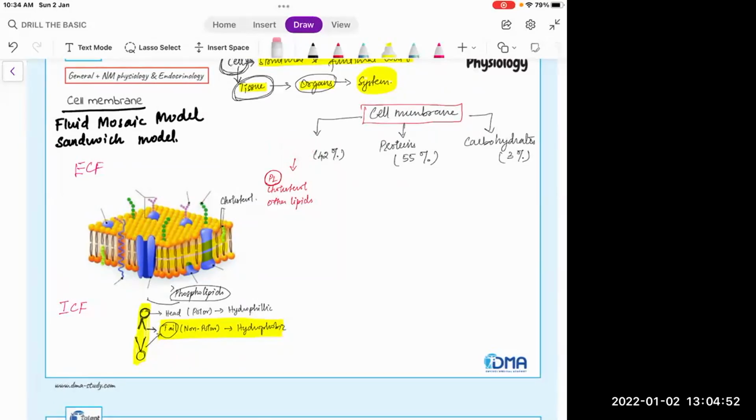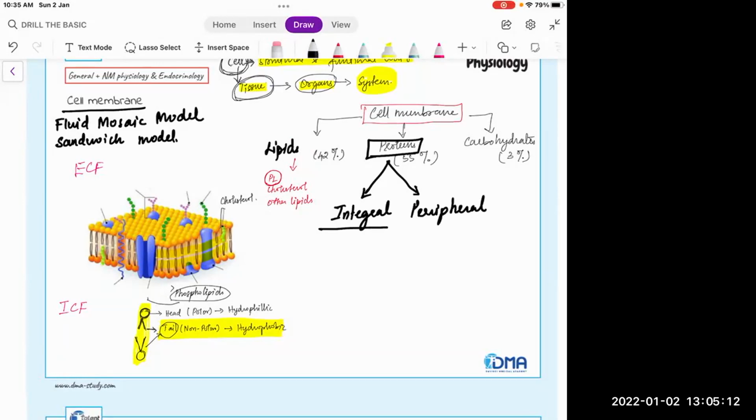And now moving on to the proteins. In the proteins also you have two types of proteins. One is the integral proteins and the other one is the peripheral proteins.